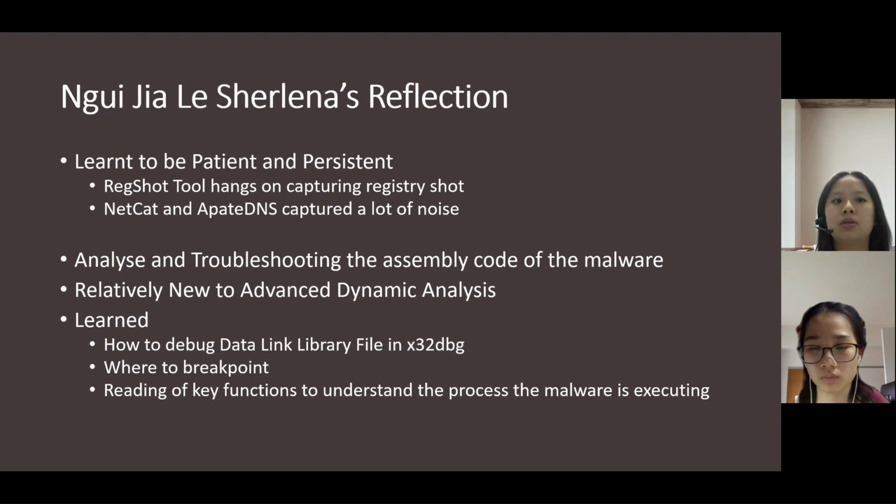I also learned to keep trying again whenever NetCat and ApateDNS captured a lot of noise from external services such as Windows updating and Google Chrome updating. This made it quite difficult to differentiate between the connections made by the Windows machine and those made by the malware.